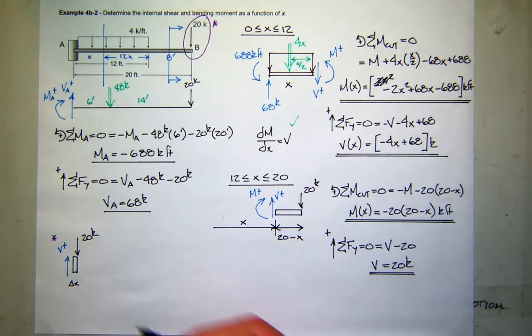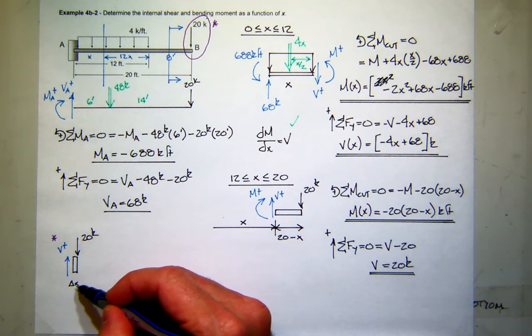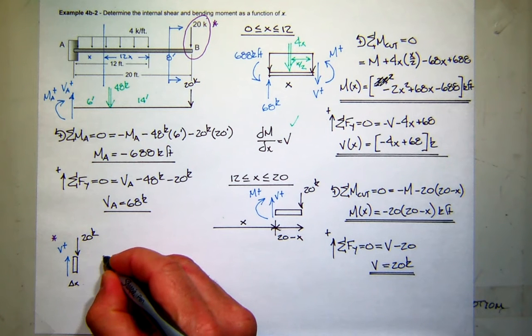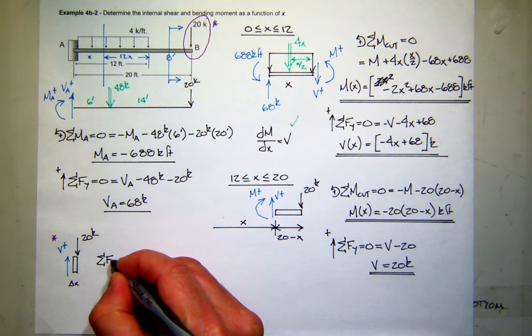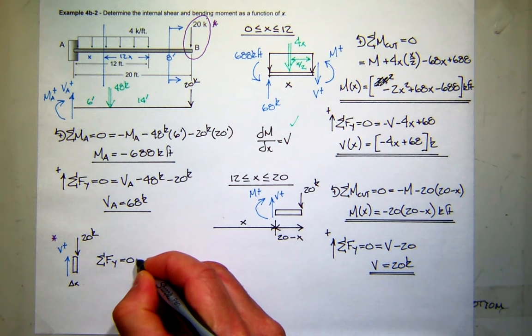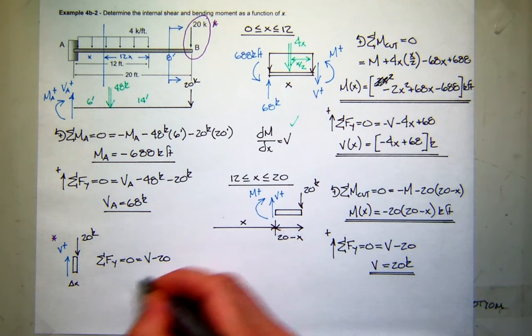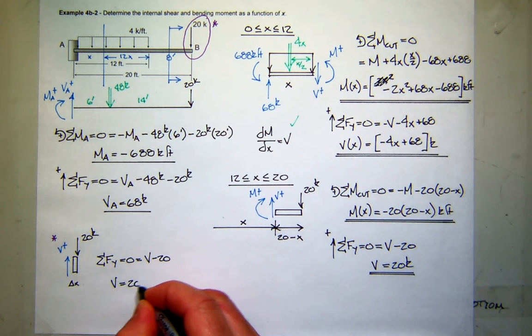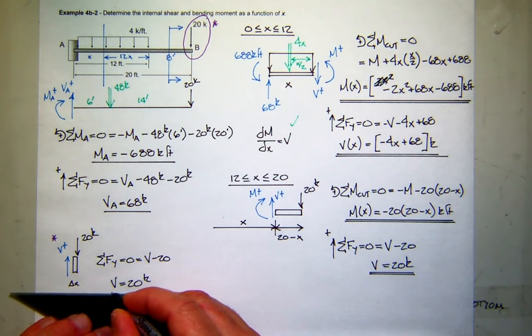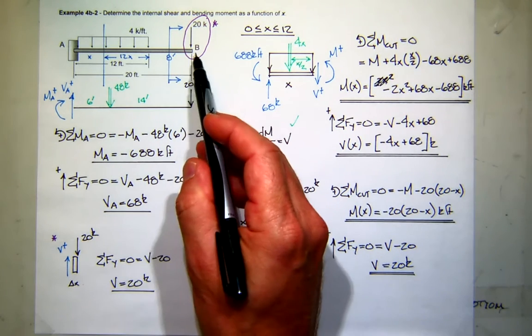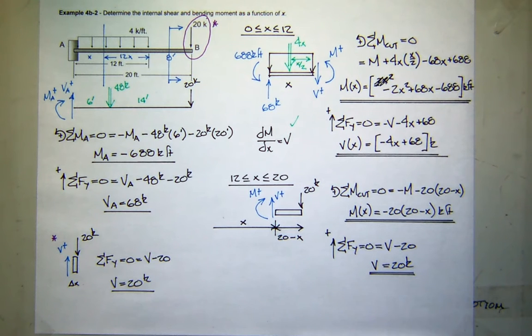Well, that little blob, even as small as that, has to be in equilibrium. So if I sum forces in the y direction, what do I get? Shear is up, 20 is down, the shear is equal to 20. So it says that I do, in effect, have positive shear just at that point. And that matches with what my equation says.